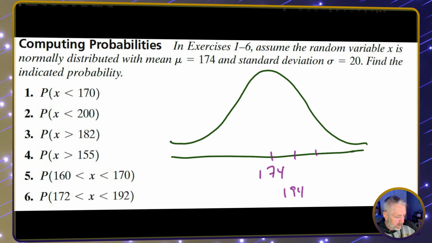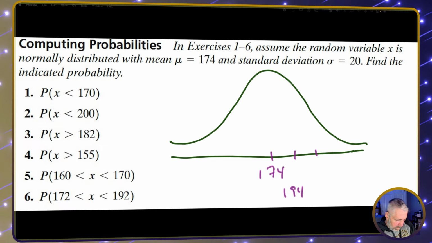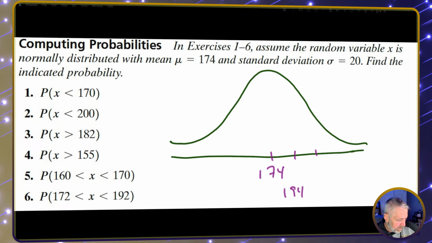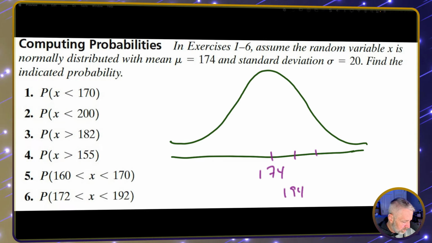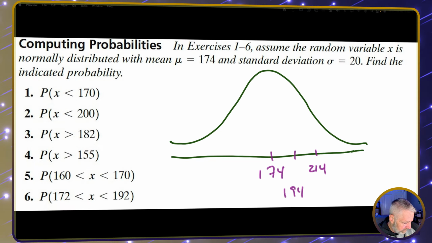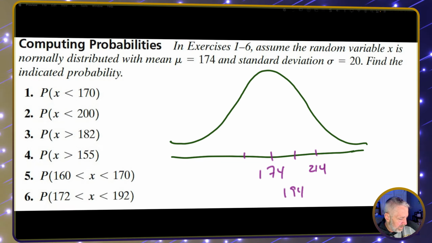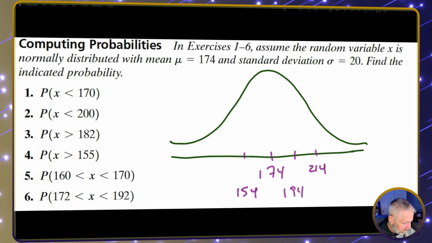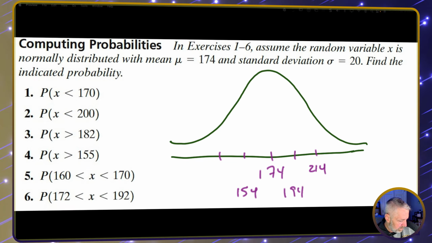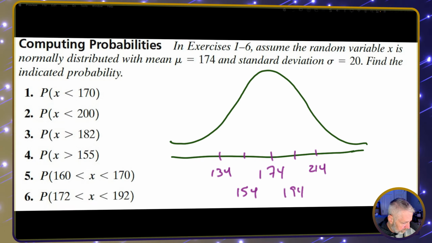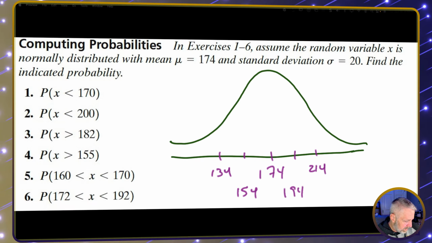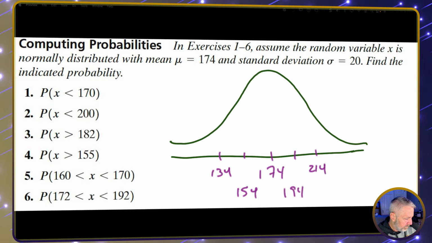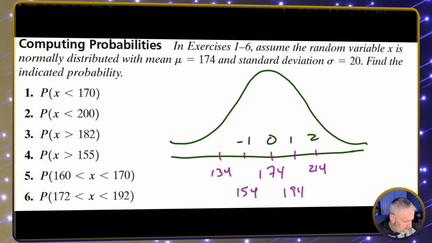If I go one more standard deviation away, then I'm looking at 214. I'll leave it at that for the time being. If I go down, then I'm going 154, 134. So in other words, what I've got here is 0, 1, 2, -1, -2.